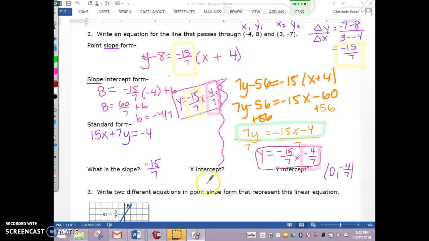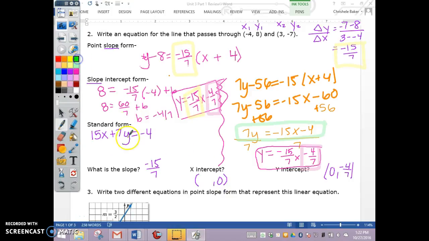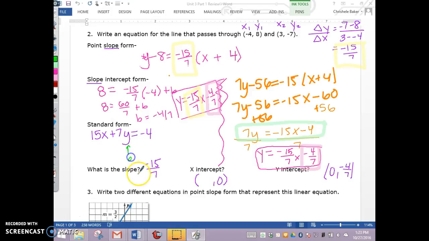I gotta find that myself. So to find my x-intercept, that's when the y is 0. So an easy way to do that is to go to your standard form and plug in a 0 for y. Solve for x. So 15x equals -4 because 7 times 0 is 0. Divide both sides by 15, I get -4/15. There's my x-intercept.